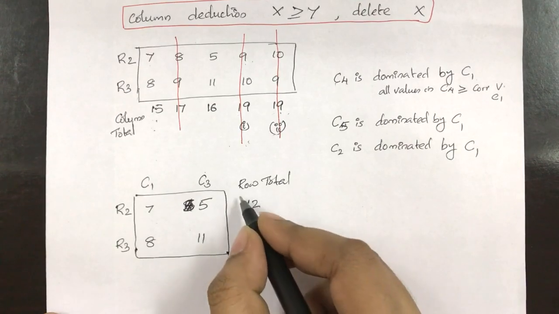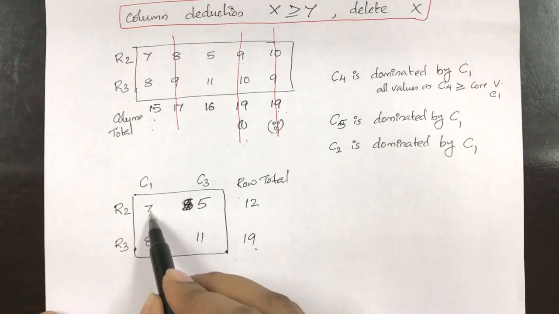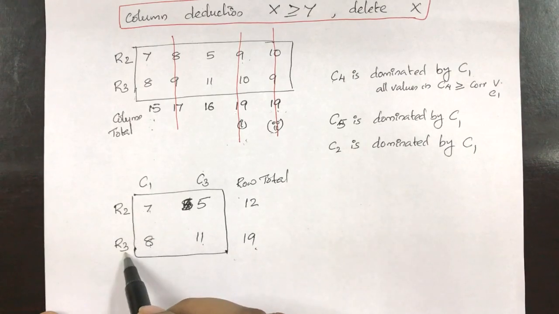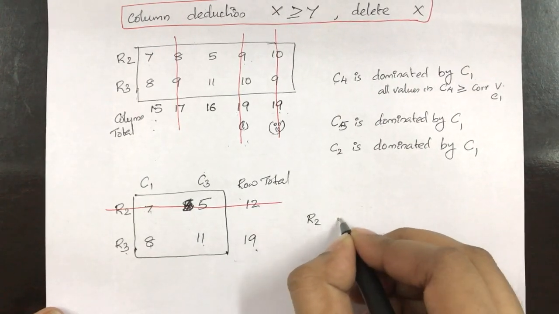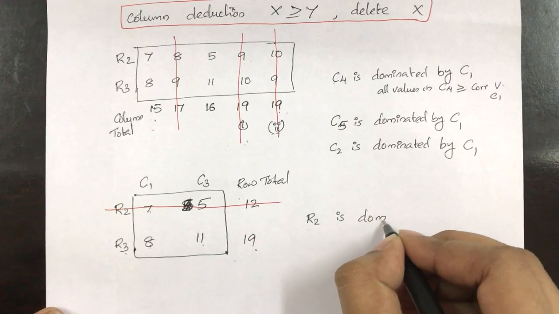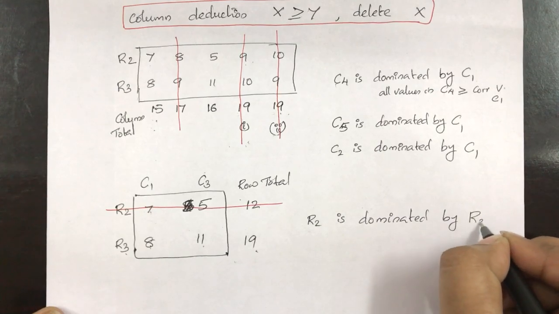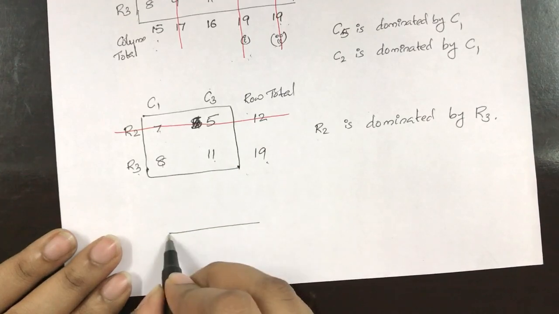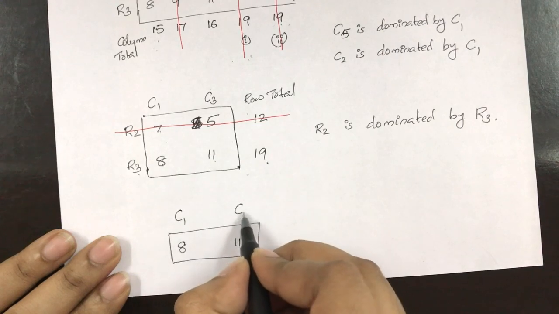So compare it with our R2. 8, 7, this is the lowest. 11, 5, this is the lowest, which means R2 is dominated by R3, and delete R2. R2 is dominated by R3.